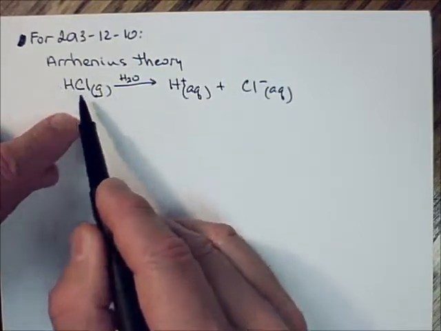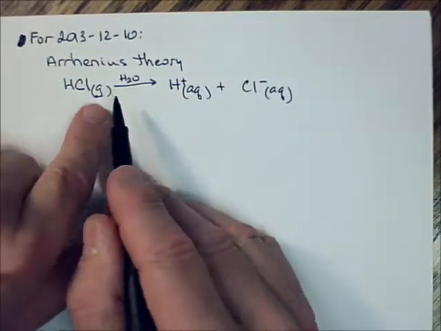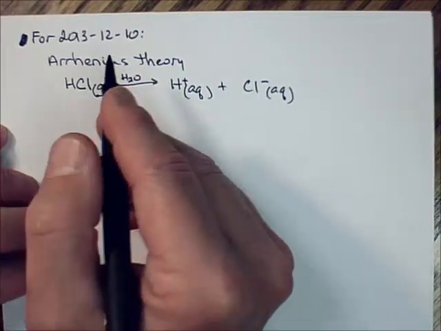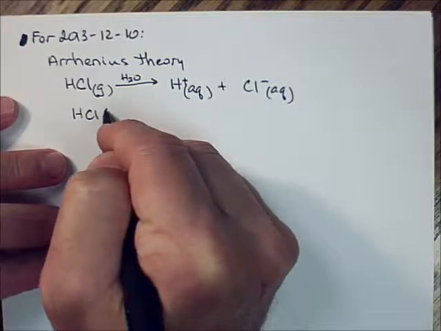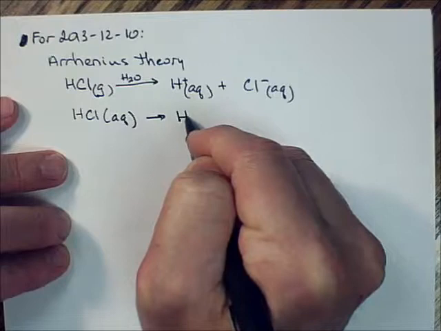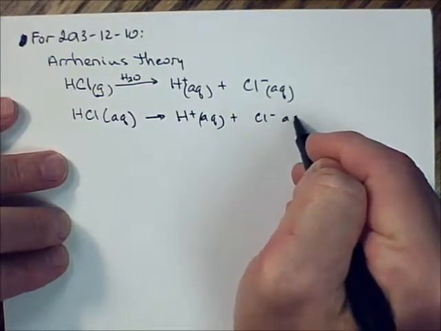We started with the formula and broke it up. So the hydrochloric acid actually breaks up into these. The way we'd write that is to show the hydrogen chloride aqueous, breaking up into hydrogen ions and chloride ions.